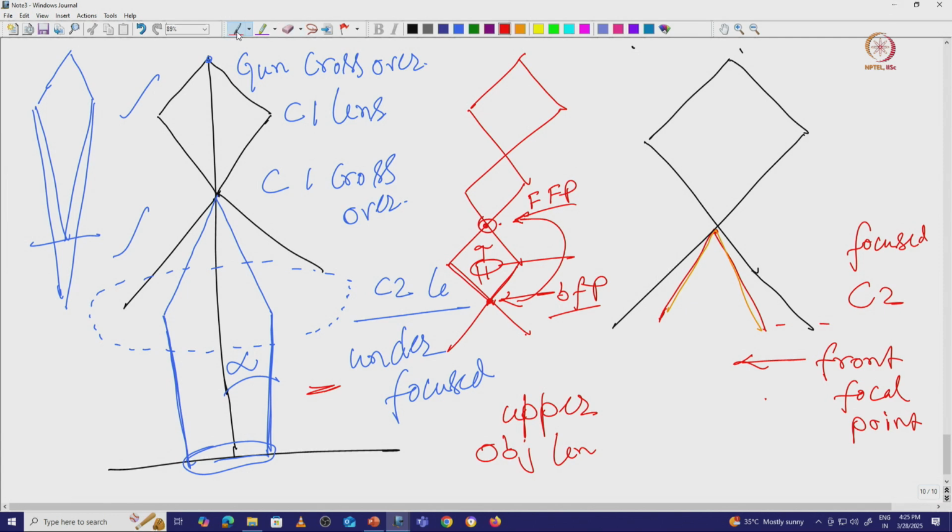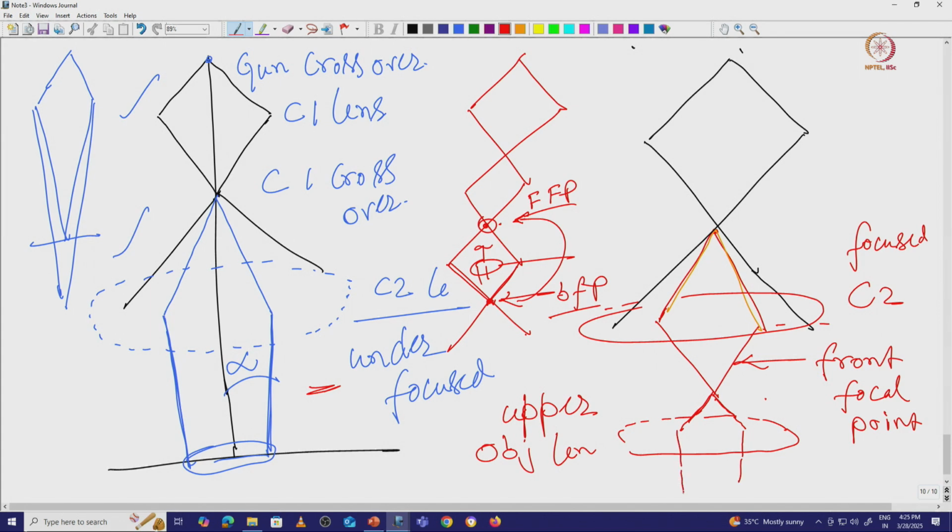Okay, so this red one is converged at one particular point, then the upper objective lens is somewhere here. This is our upper objective lens, this is our C2 lens, and the upper objective lens makes this beam parallel.